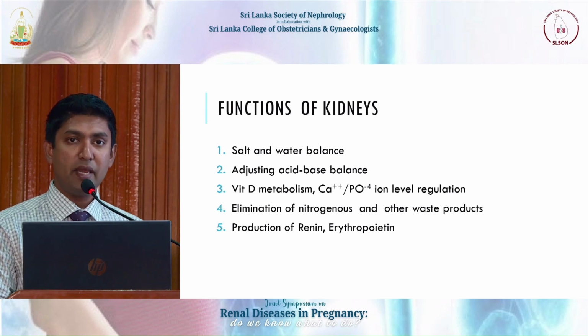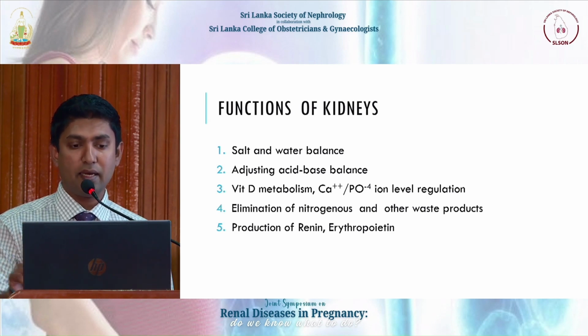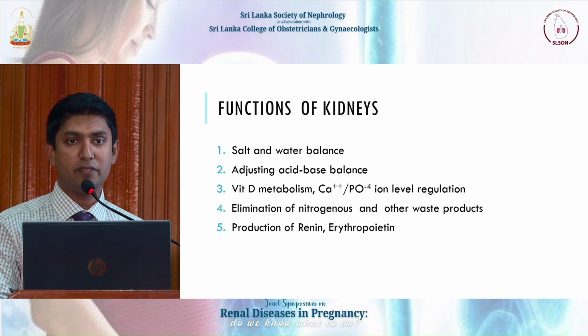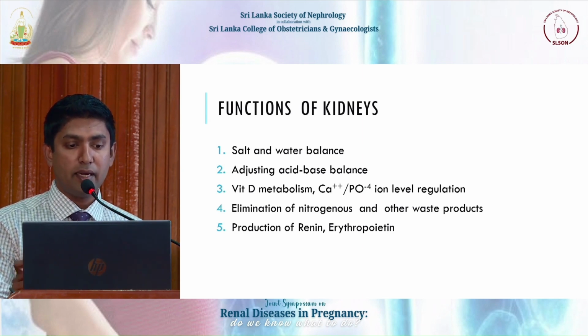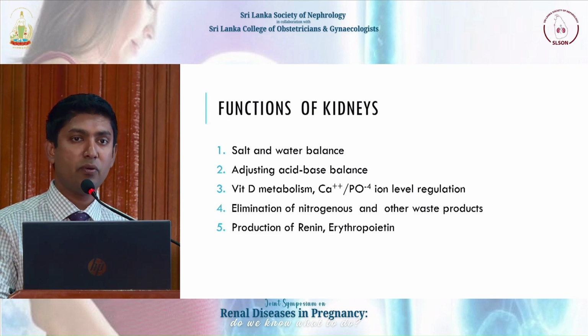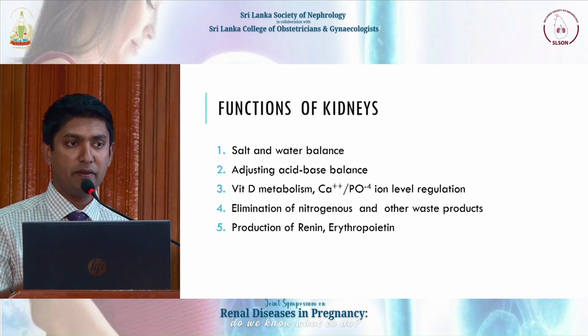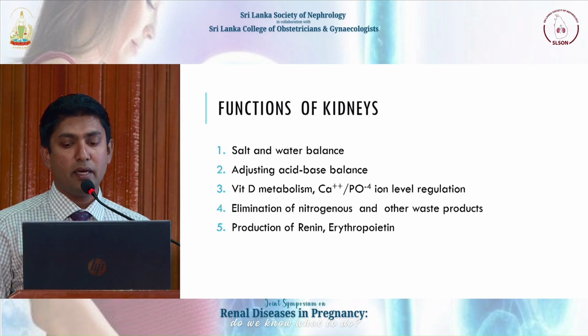The main function is the elimination of nitrogenous waste products like urea and creatinine. It also acts as an endocrine organ by producing erythropoietin and renin. So those are the main functions of the kidney.